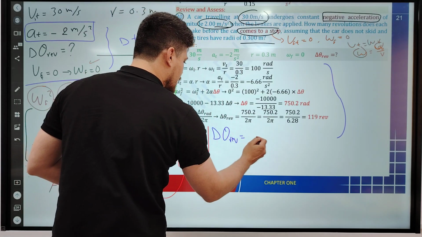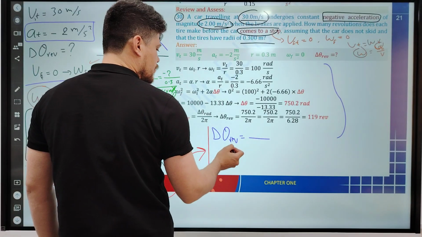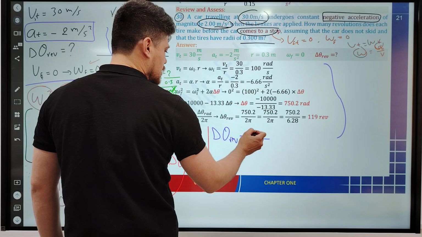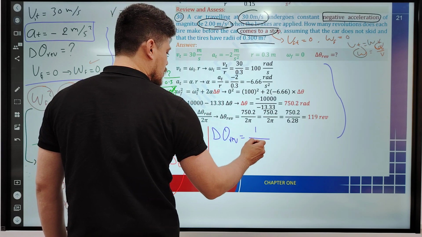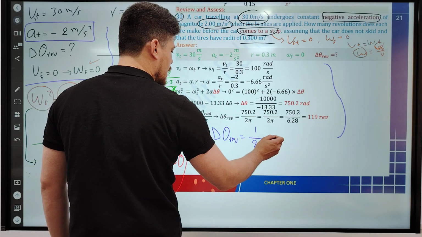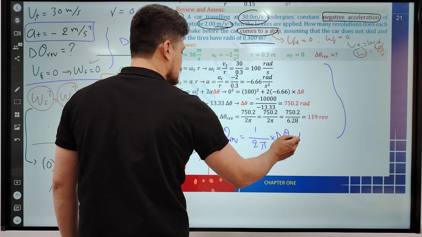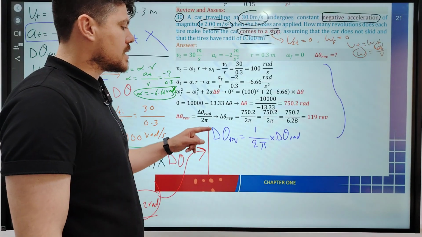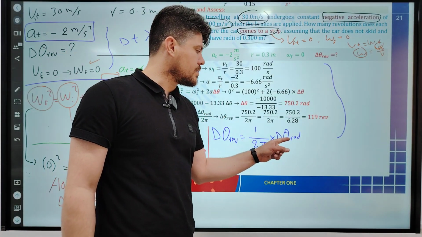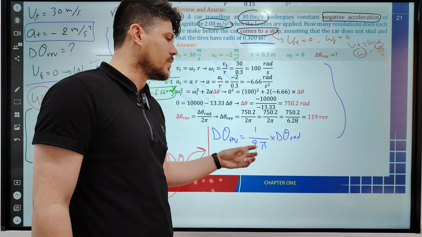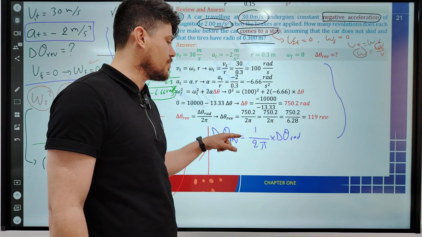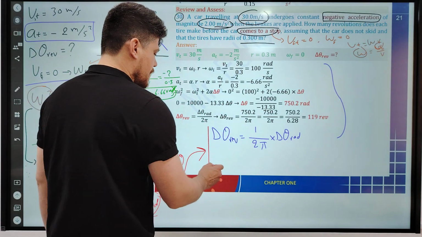Make a fraction: the number of revolutions is equal to 1 over 2 pi times theta in rad. So multiply the angular displacement in rad by 1 over 2 pi.